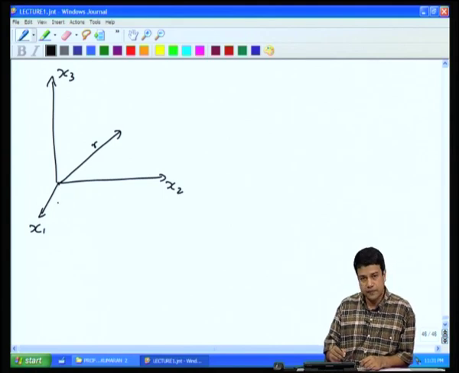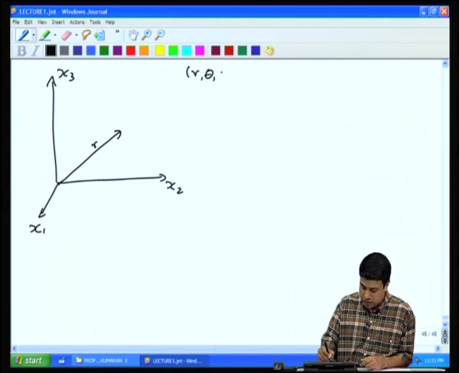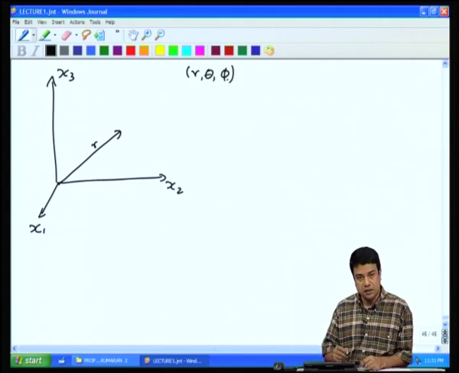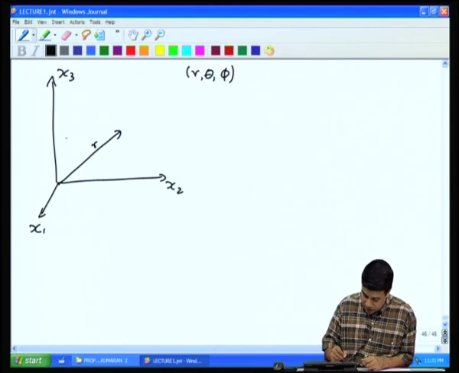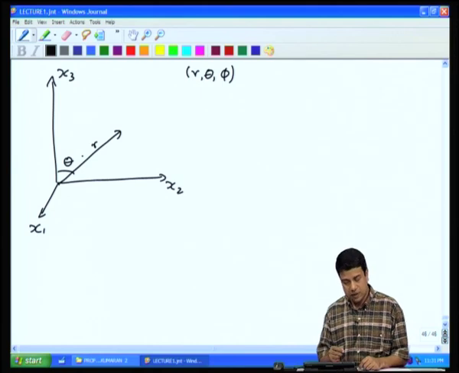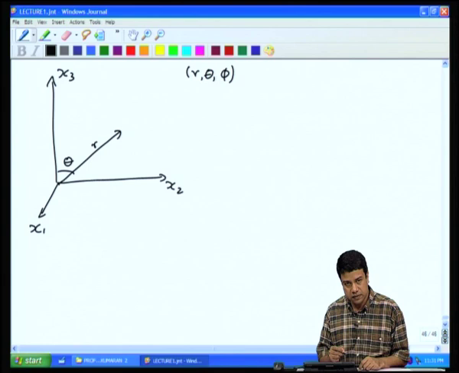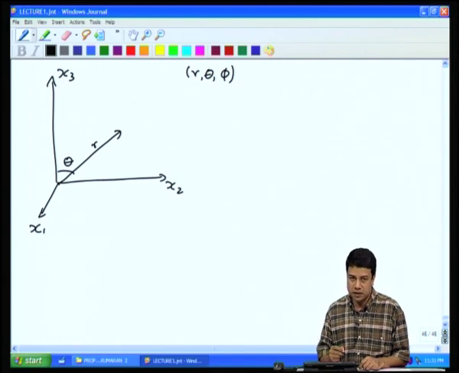R is the distance from the origin, and theta is the angle that the radius vector makes with the x3 coordinate. Theta is called the azimuthal angle.